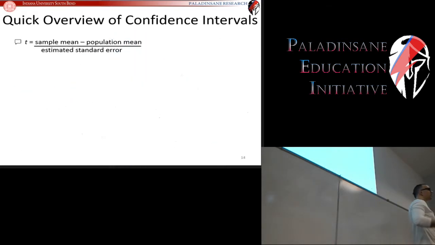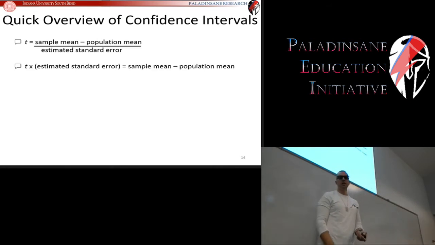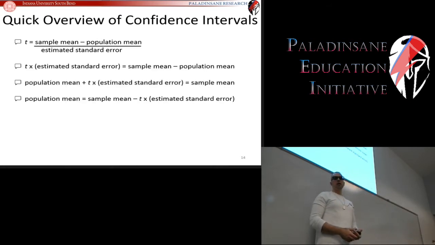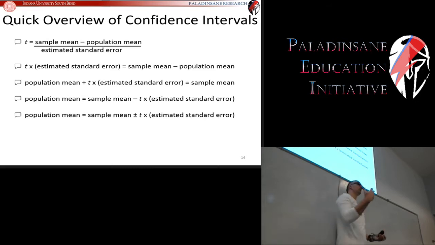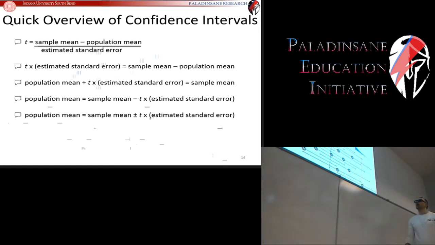And as we saw, this confidence interval is based on your t-statistic equation, and we just solved for the population mean. And this is the format that we want to get each confidence interval into. And that's part of the challenge of going from SPSS to this form, because this is the form that most people are familiar with.